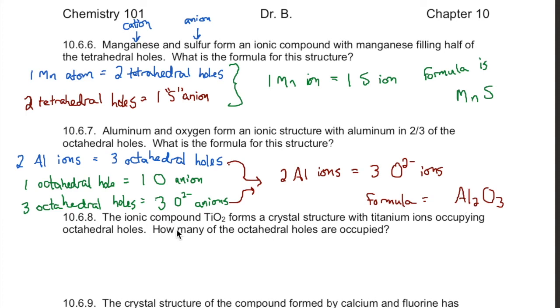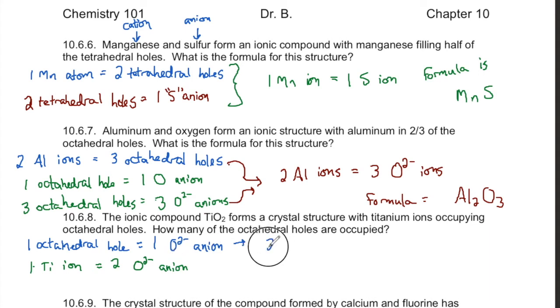Okay, so again we have a compound with octahedral holes. And a structure with octahedral holes has 1 octahedral hole for every 1 anion. And then according to the formula, we have 1 titanium ion for every 2 oxide anions. So let's double this first statement so that the oxygen anions can match.